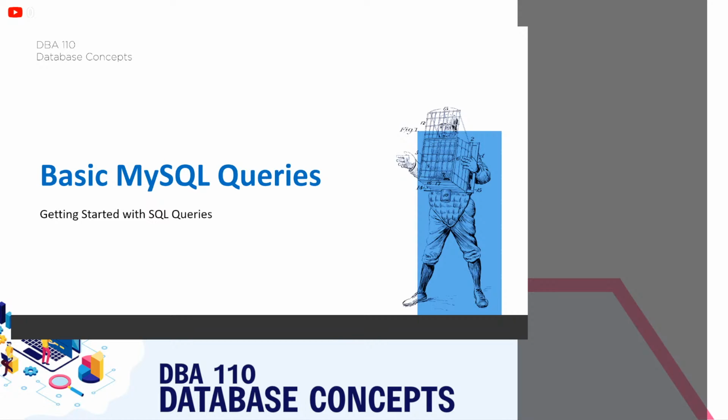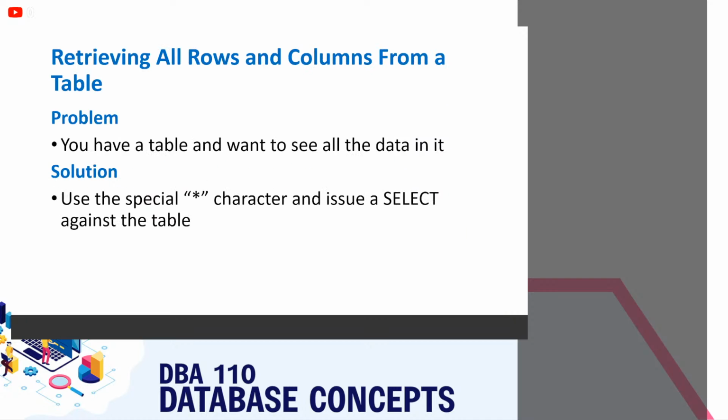So the first one here is simple. We've already seen several examples of it. The problem is that we want to see all the data that's in a table.